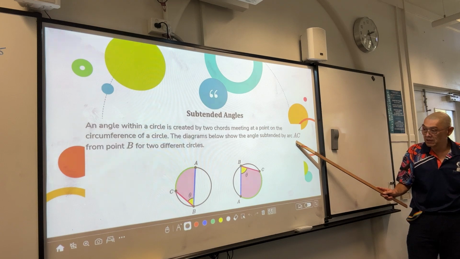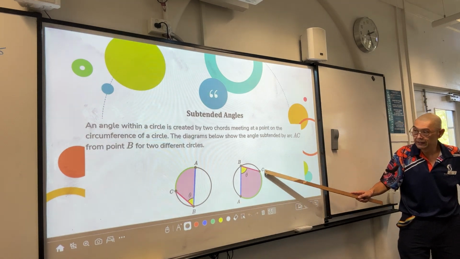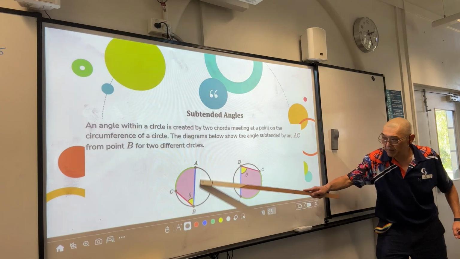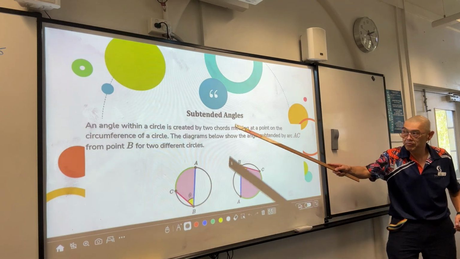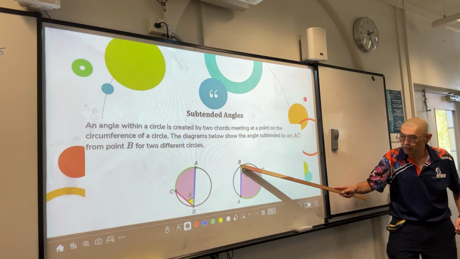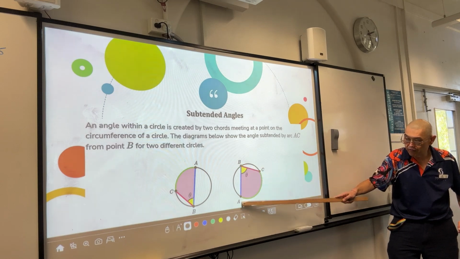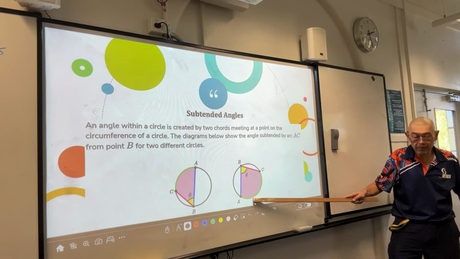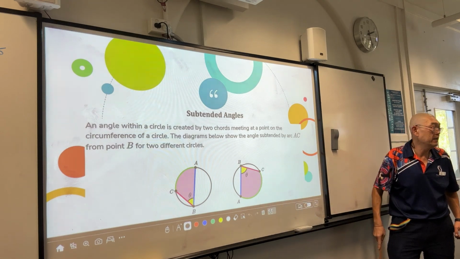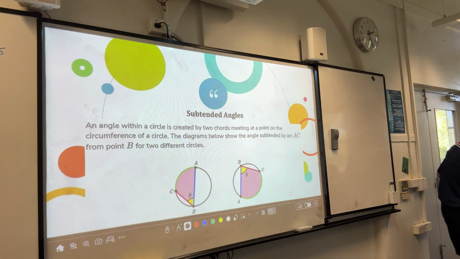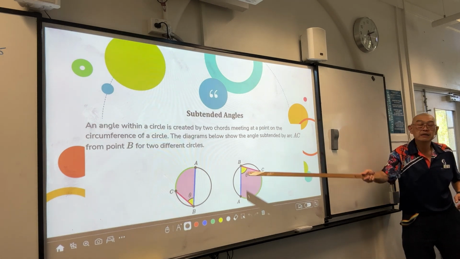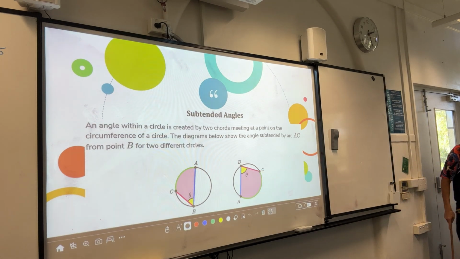So, the arc is AC, point B. Basically, the subtended angle is made by two lines from the circumference to an arc. That's it. I like these diagrams. They show very clearly what subtended angles mean.